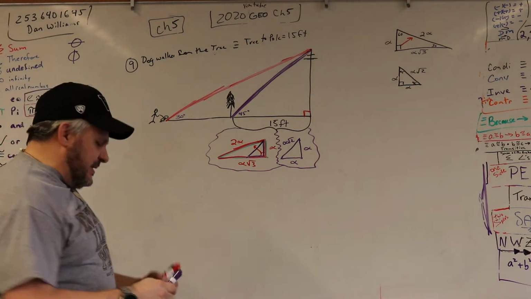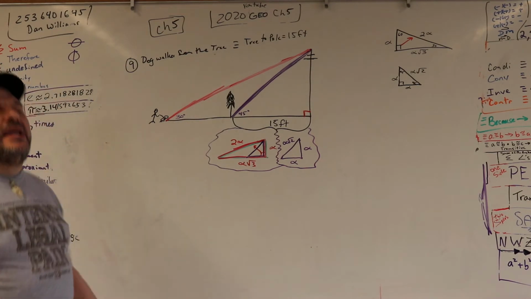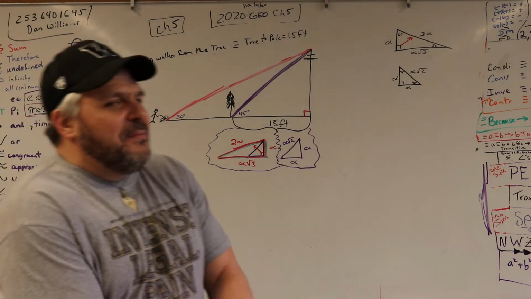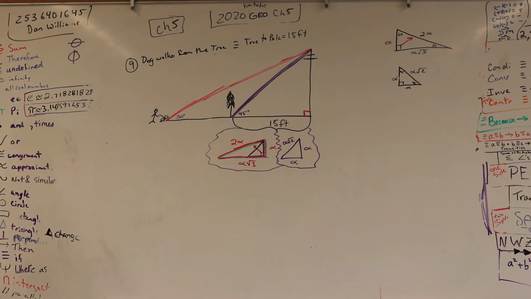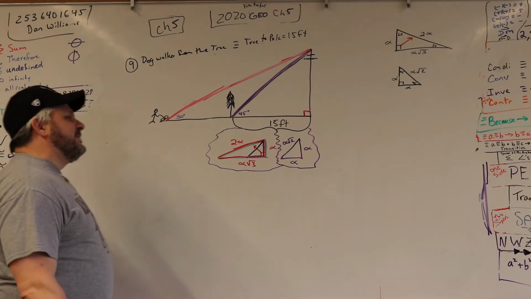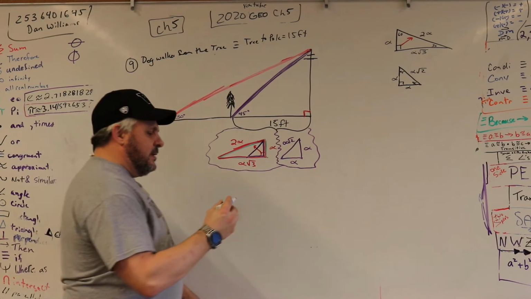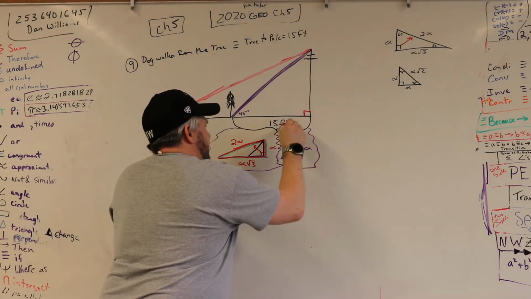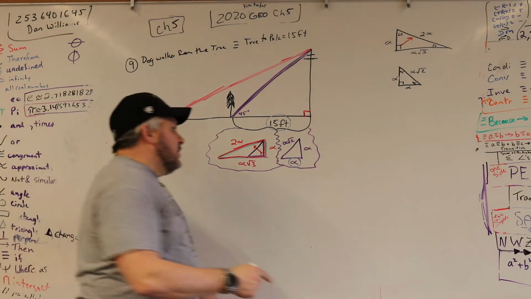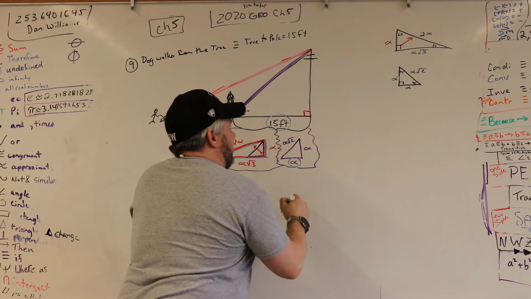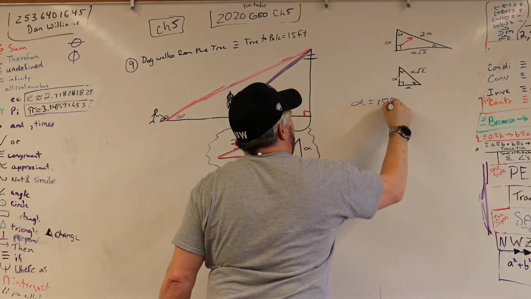So think about this. This is too easy of a problem, but remember, we have to be able to explain it. First things first, can't I say that this alpha is the same as this? Remember how we did that? So these are the same, and we can say right away that alpha is equal to 15 feet.